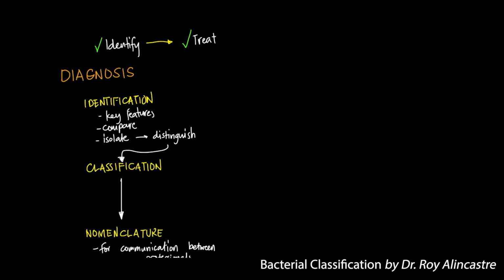Now, what are the ways we can identify bacteria with? We can make use of two general ways. Number one, by looking at their genotypic characteristics, or how they are genetically made up, and also by looking at their phenotypic characteristics, or the observable characteristics.